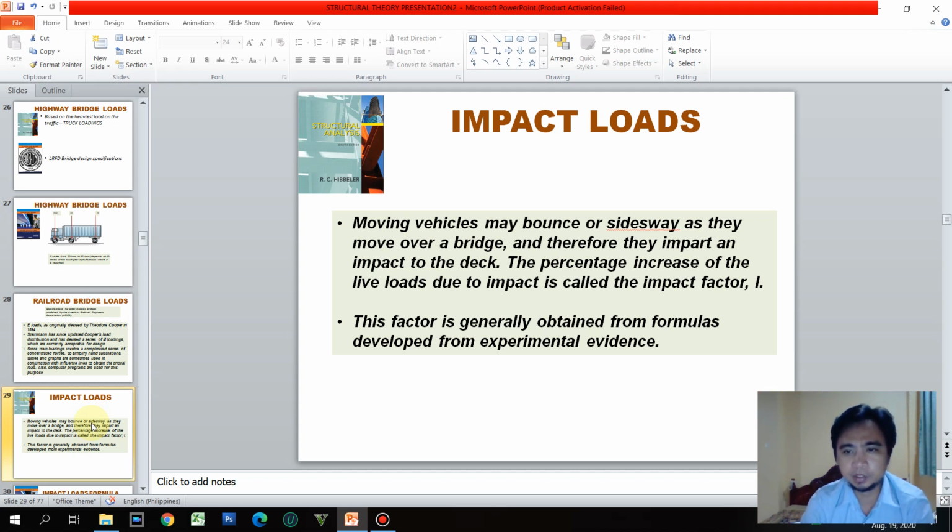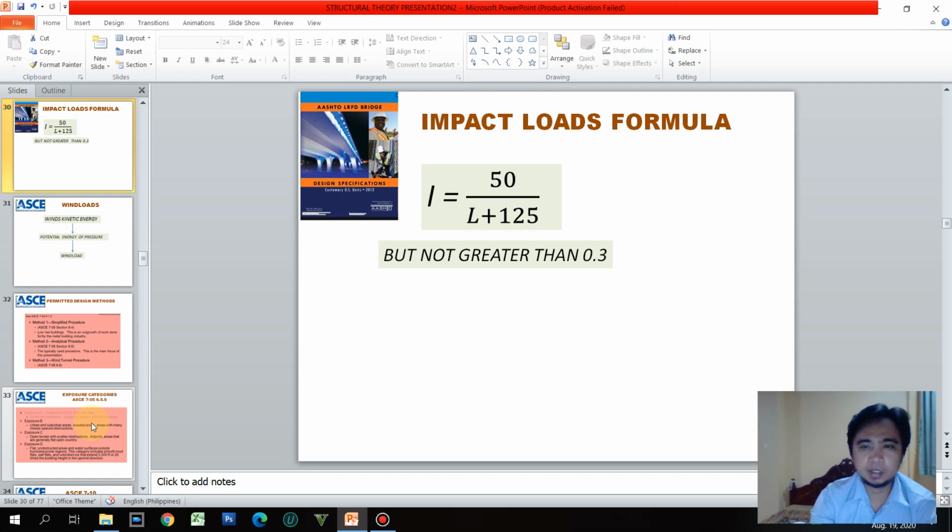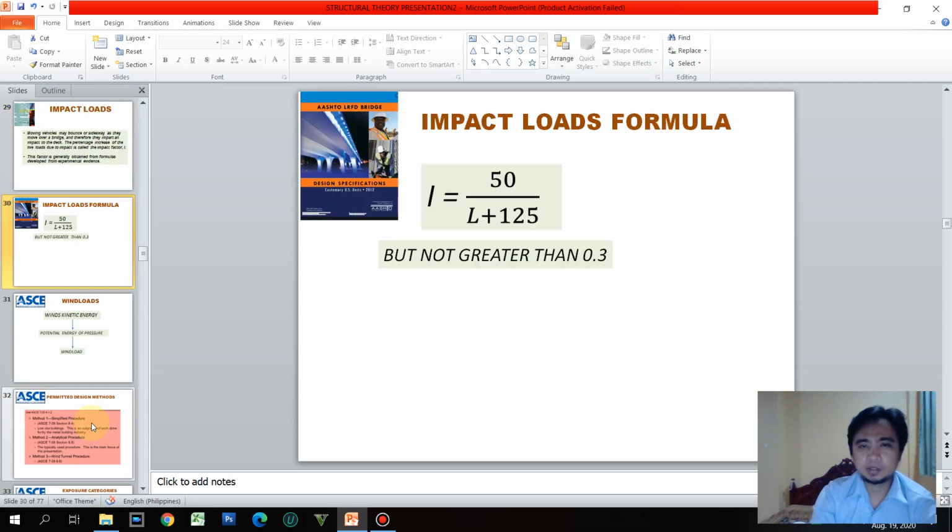The percentage increase of the live loads due to the impact is called the impact factor I. This factor is generally obtained from formulas developed from experimental evidence. So the impact load formula is I = 50/(L + 125), but not greater than 0.3.